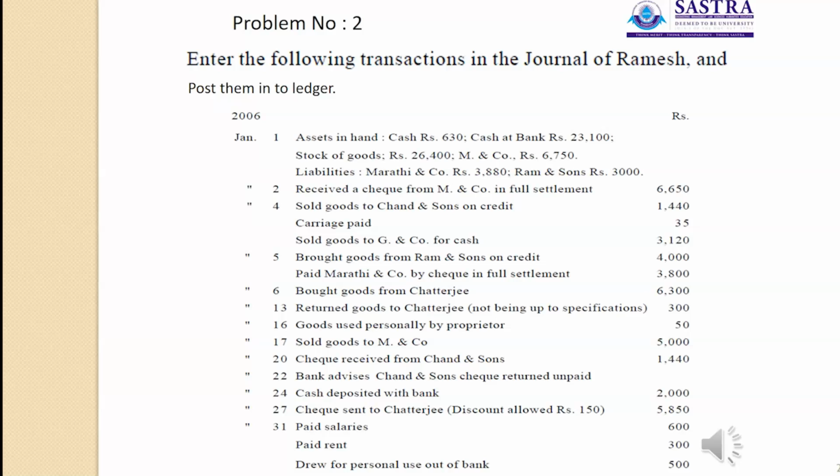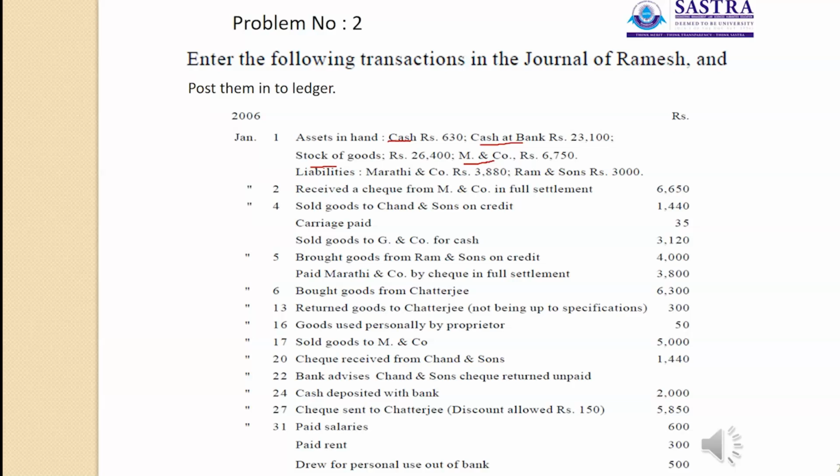So these are the different transactions in the month of January, 1st to 31st, January 2006. So the first one is assets in hand, that is, opening balances: cash in hand, cash at bank, stock, then M&M Company.